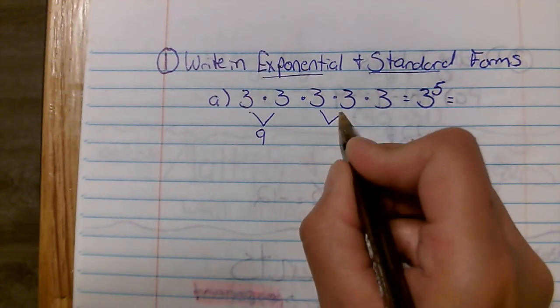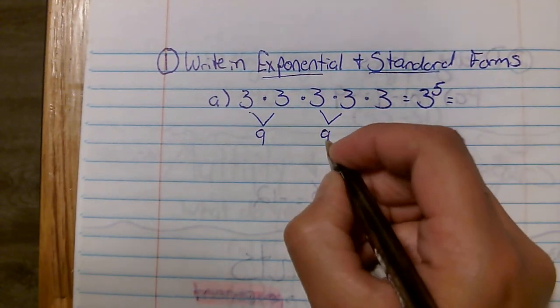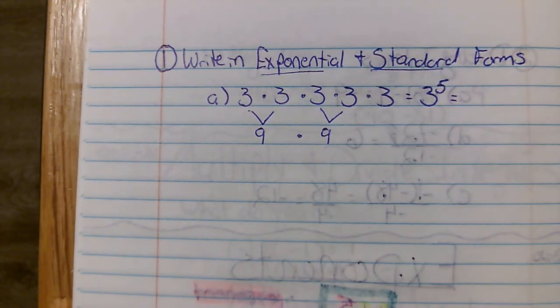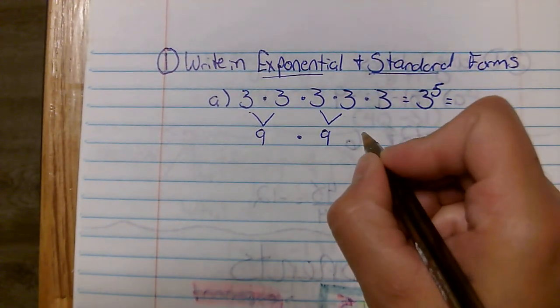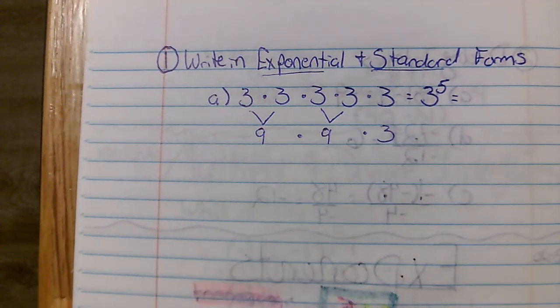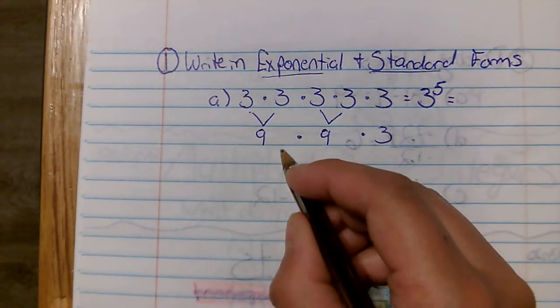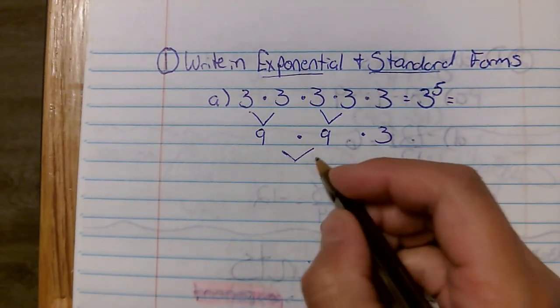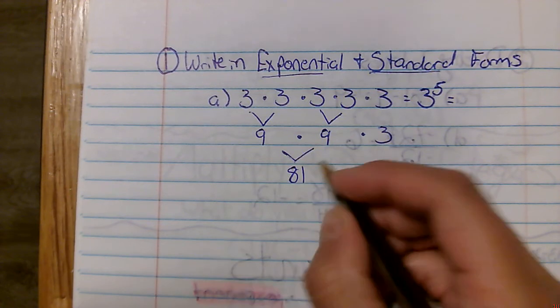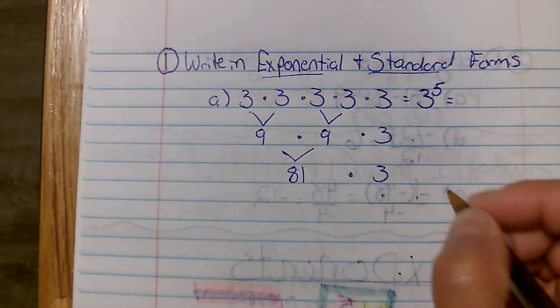I would do the next 3 by 3, which would also be 9. And put my little multiplication symbol. And then this one doesn't have a pair, so I would just write 3. Okay? Then I would combine these two numbers. 9 times 9, well, that would give me 81. And then times that 3 again.